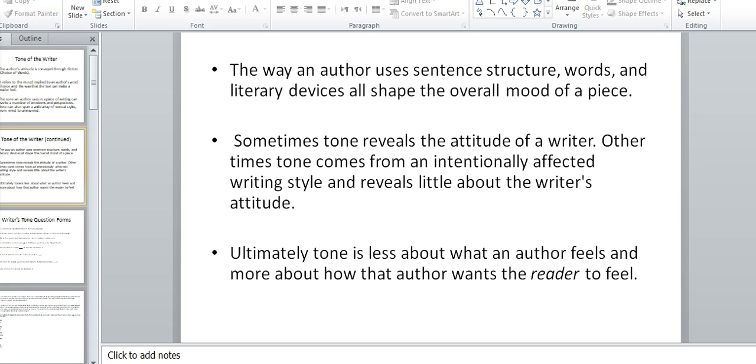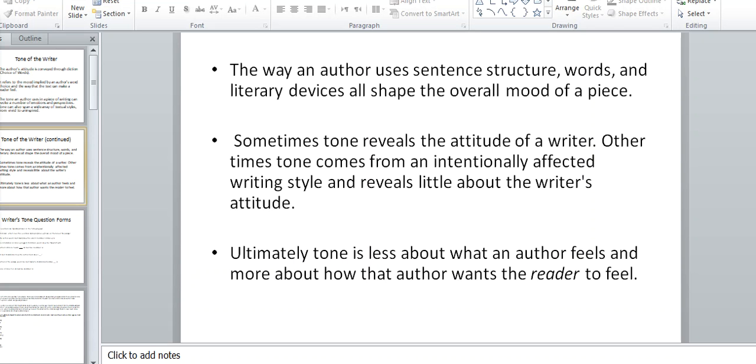Now, sometimes tone reveals the attitude of a writer. Other times, tone comes from an intentionally affected writing style and reveals little about the writer's attitude. So it could be quite academic. We could be reading an academic passage that has no attitude to it. It's just informative.